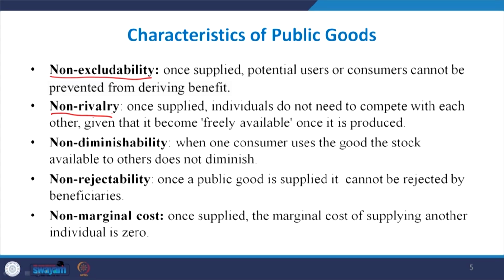Similarly, non-diminishability: the utility or quantity of such kind of products does not diminish for others to consume, because all consumers can equally consume such kind of product. So, when one consumer uses the good, the stock available for others does not deplete, does not diminish. So, that is also a characteristic of public goods.